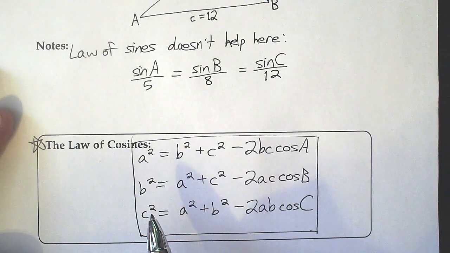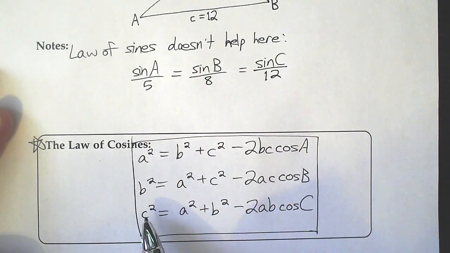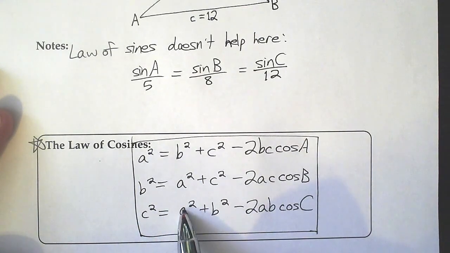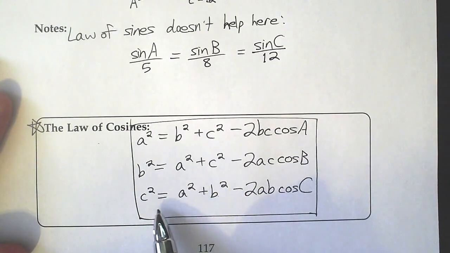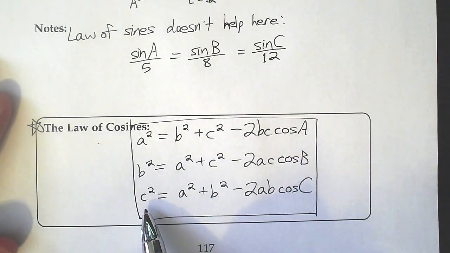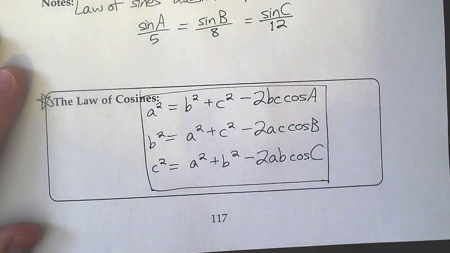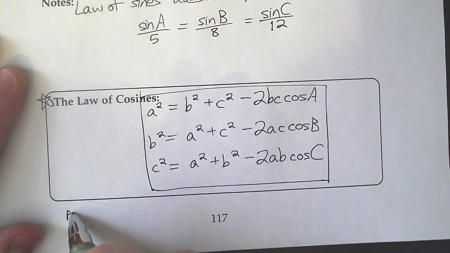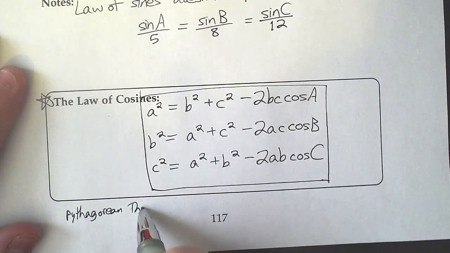One thing that I like is the third one. If you look at the bottom one, c squared equals a squared plus b squared minus something. It almost looks like the Pythagorean theorem. I just want to put a little side note here. Do you remember the Pythagorean theorem for right triangles?